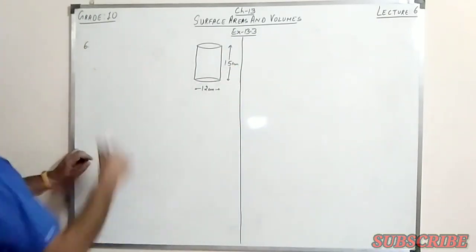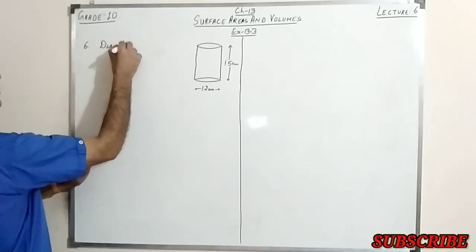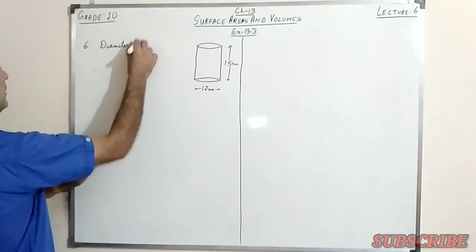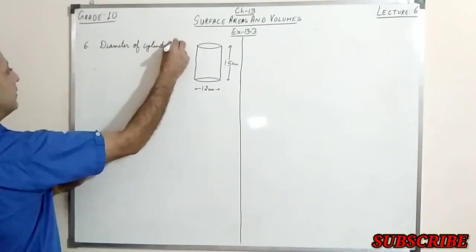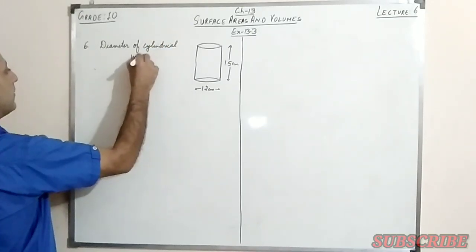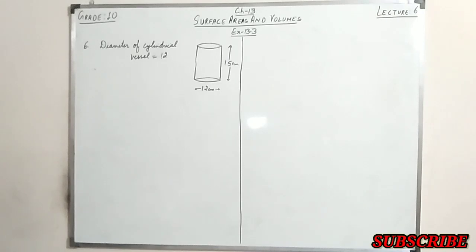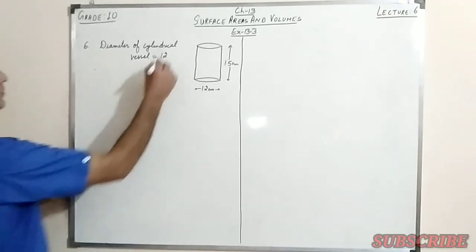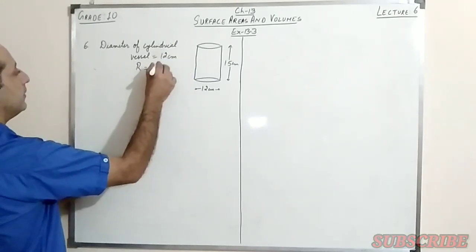Right, so what is given? The diameter of the cylindrical vessel is 12 centimeter. So obviously the radius here would be 6 centimeter.